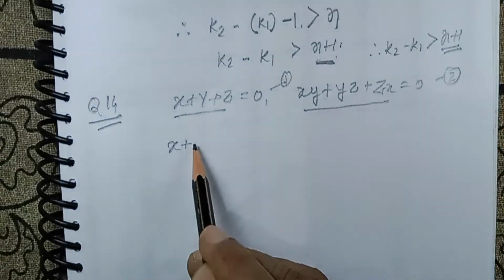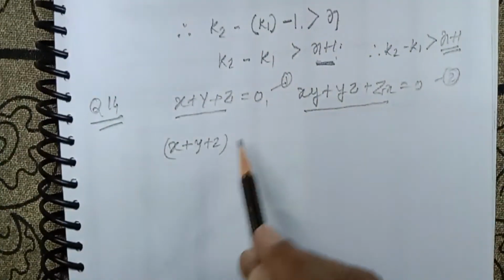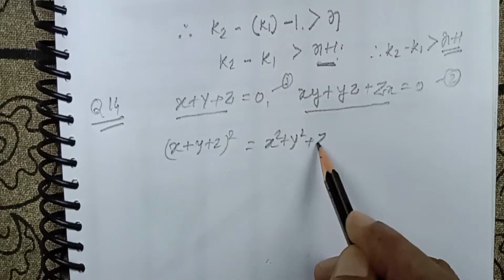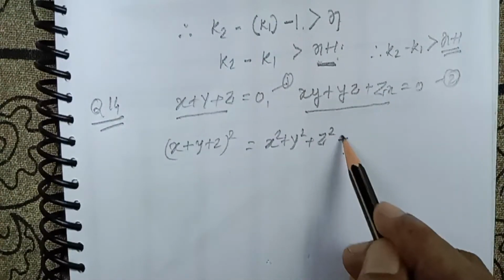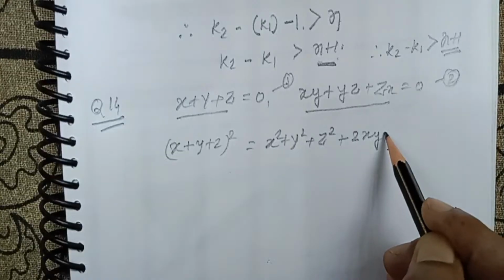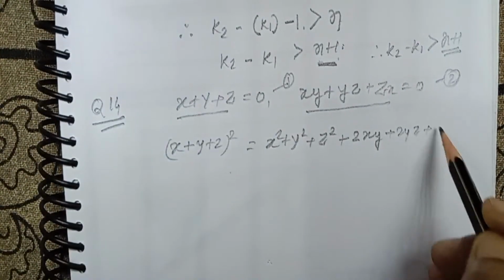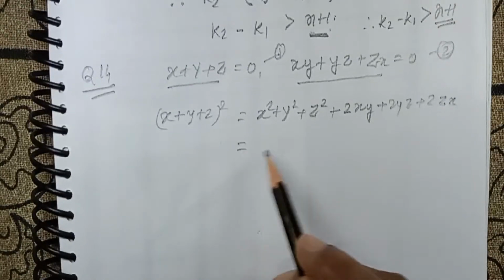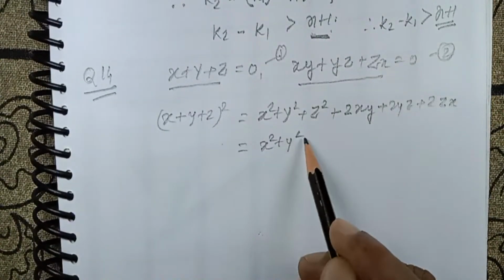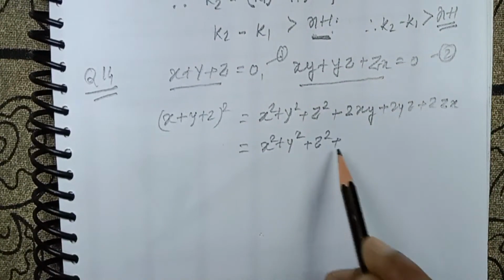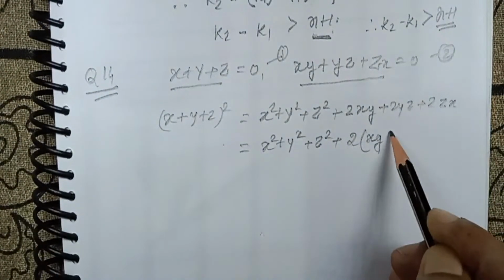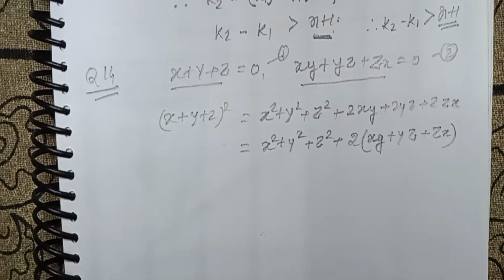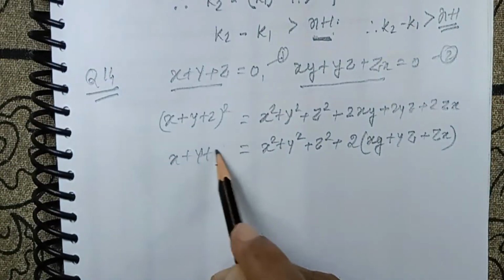That one is (x plus y plus z) whole square equals x square plus y square plus z square plus 2xy plus 2yz plus 2zx. So it is x square plus y square plus z square plus 2 times (xy plus yz plus zx) equals (x plus y plus z) whole square.